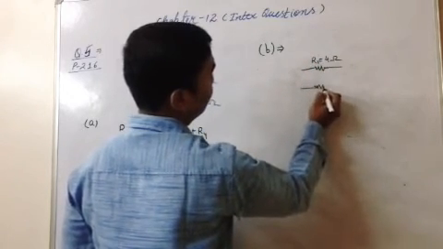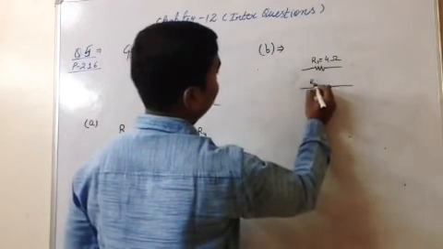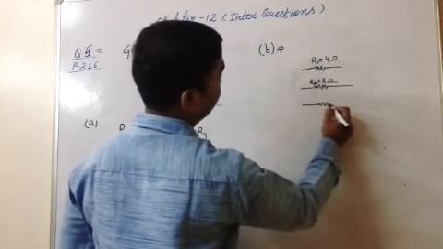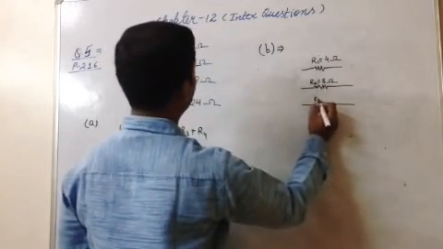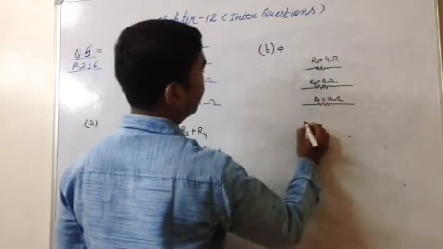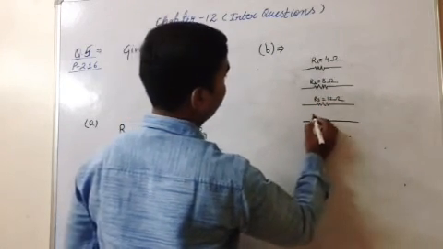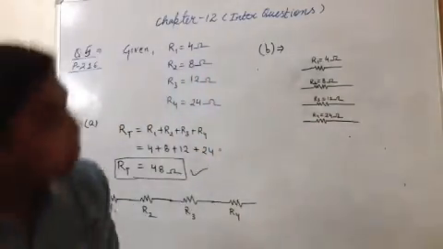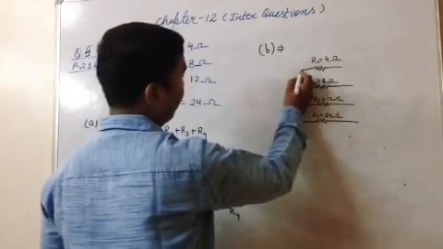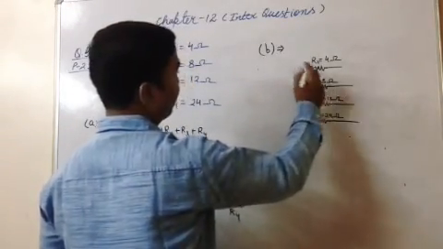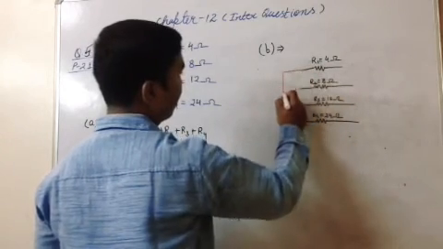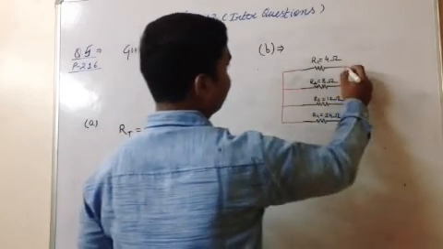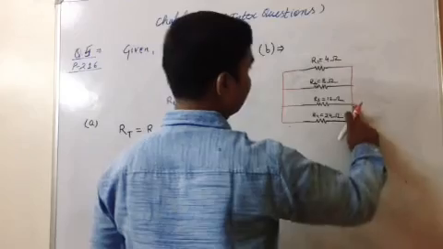This is another resistance, and its value is 8 ohm. This is the third resistance, 12 ohm, and this is the fourth resistance, 24 ohm. Now when you connect all these resistances in parallel, they are connected this way.